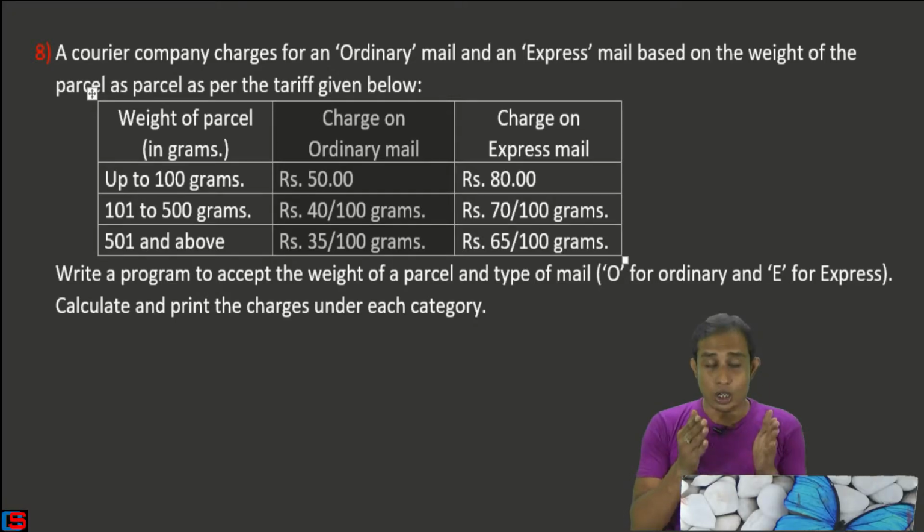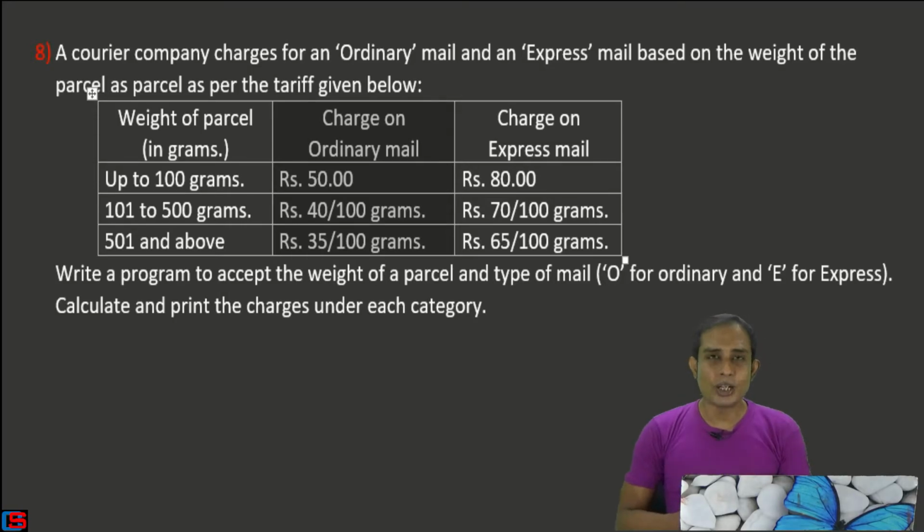The amount will be charged as the complete value, not a fraction of the rupees 40. So for the first 100 gram it is rupees 40, for the second 100 gram it is rupees 40 again, so it becomes 200 gram, and the remaining 50 grams is charged again rupees 40.